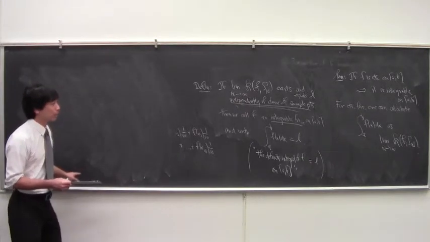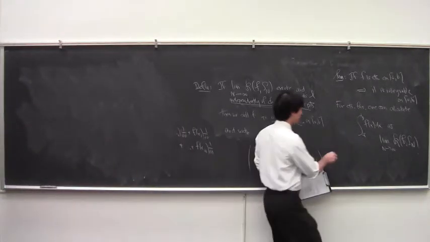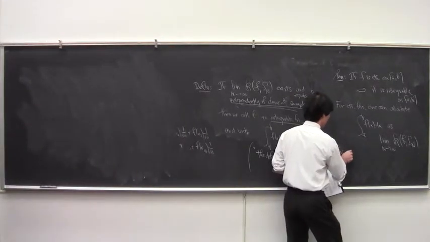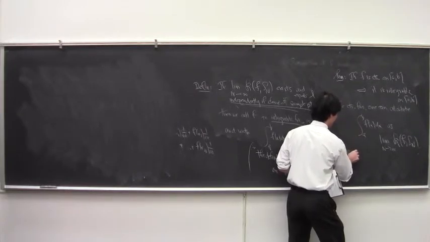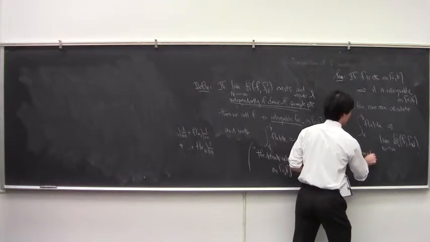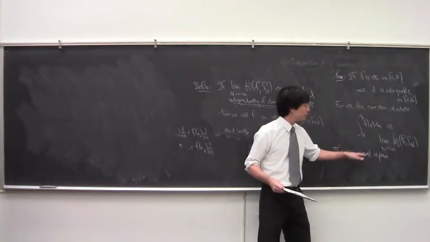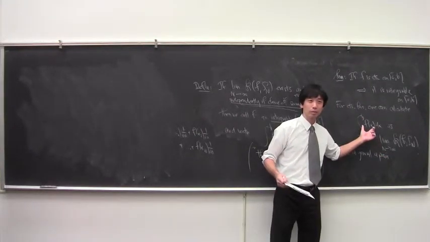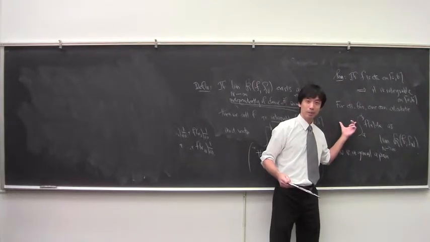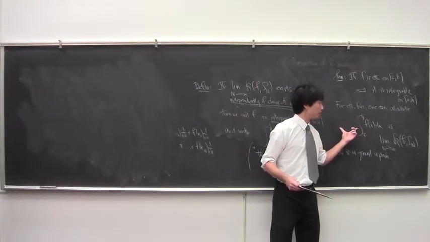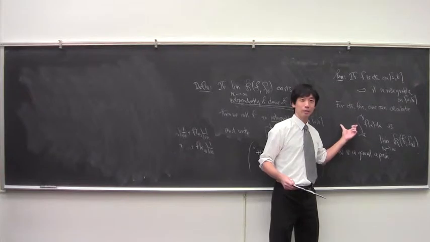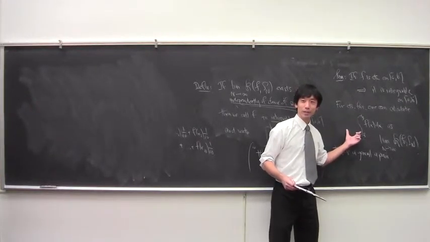So notice that this is in general a pain, right? Because how do you calculate the integral? Well, you have to take a Riemann sum. You have to take Riemann sums for every n, choose your points, calculate it, and then let n go to infinity.